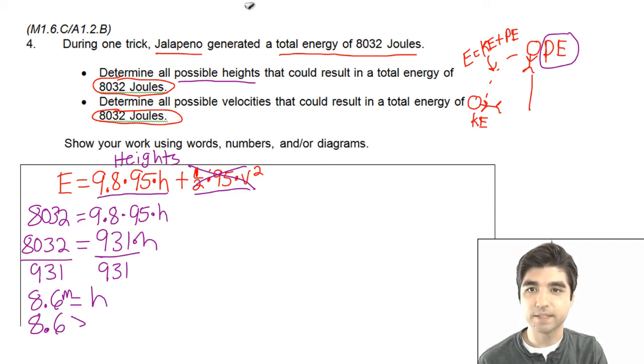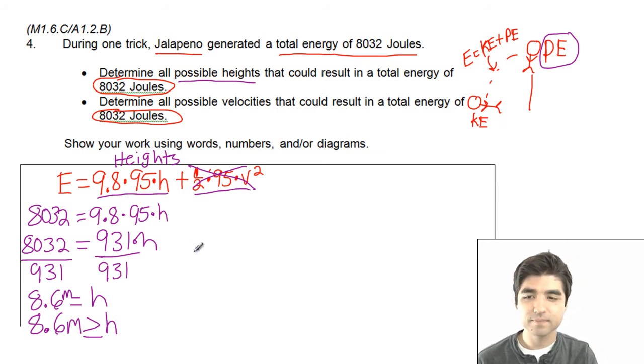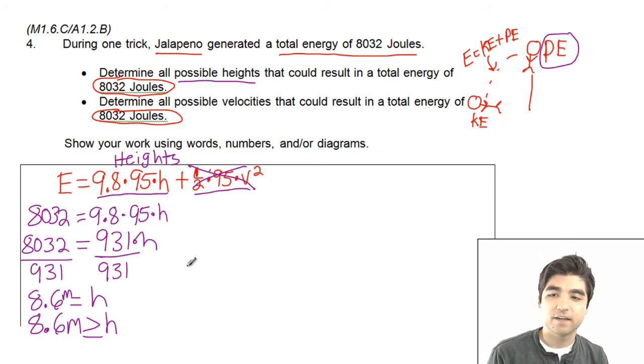So 8.6 meters is the max, and that's greater than or equal to h. That's saying the heights that will get you to 8,032 joules are 8.6 or lower, all the way to 0.